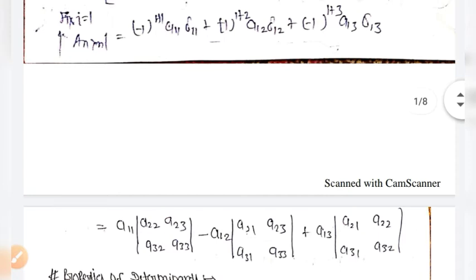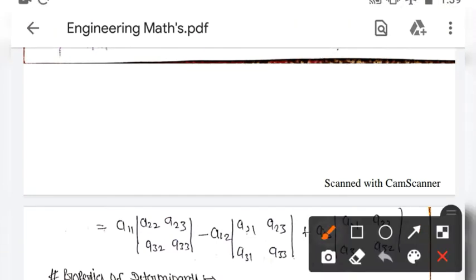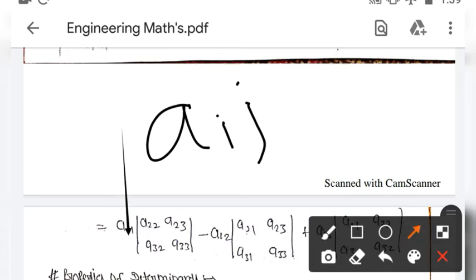First write down the element a11 outside, and then write the minor of that element a11.